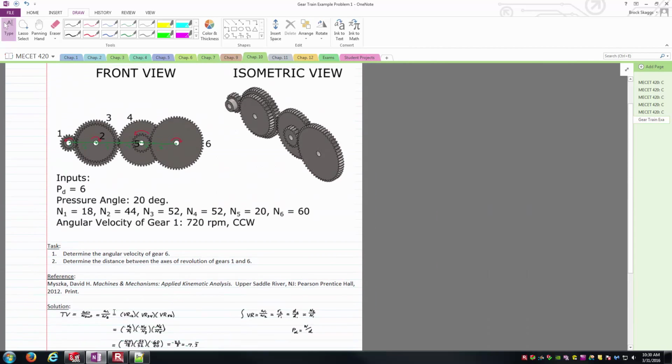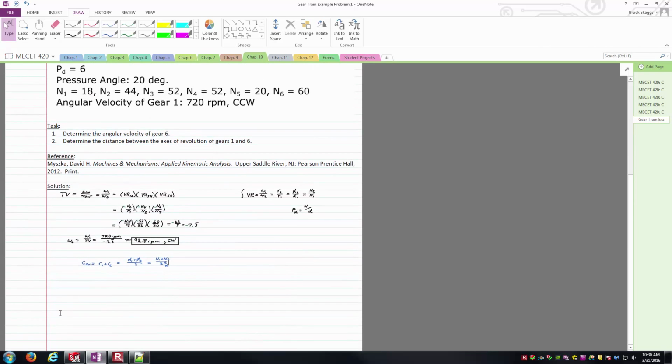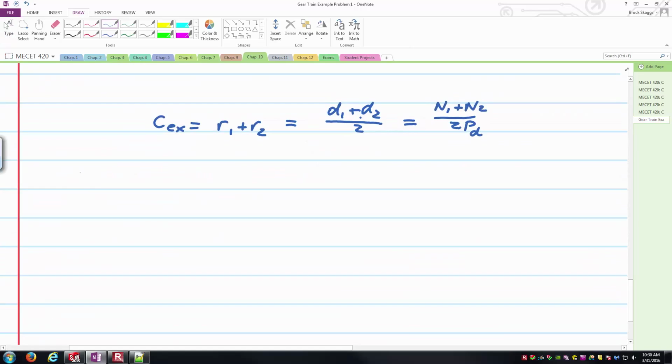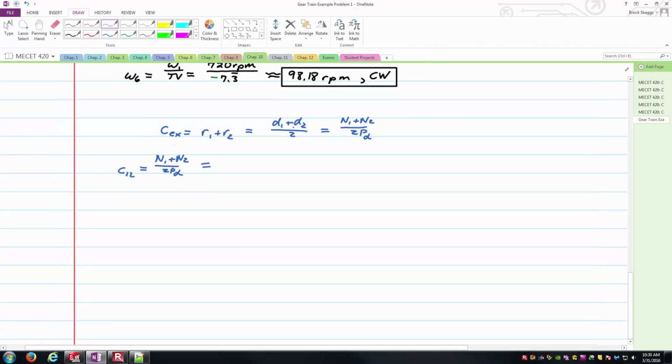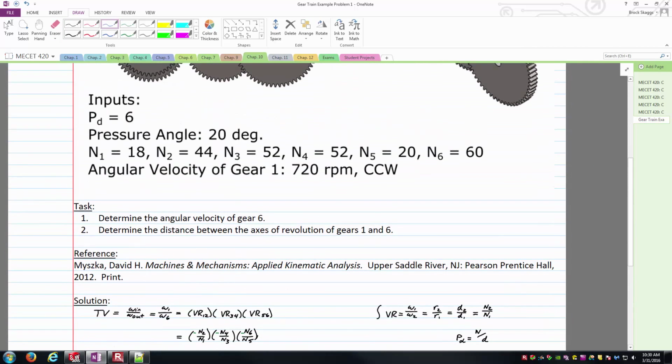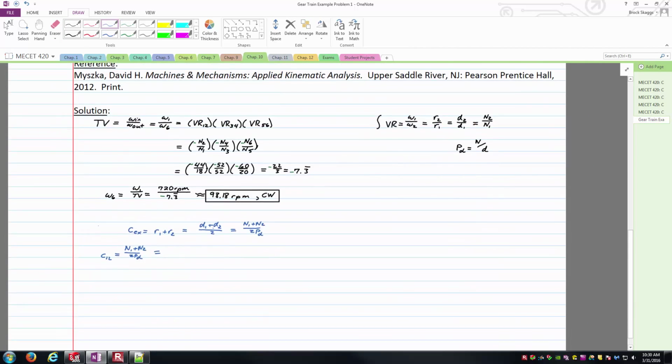And so first thing I'm going to look at is the center distance between gears 1 and 2. And so C12 would be equal to N1 plus N2 all over 2Pd. Excuse my little bit nasty writing there. N1 is 18, N2 is 44.